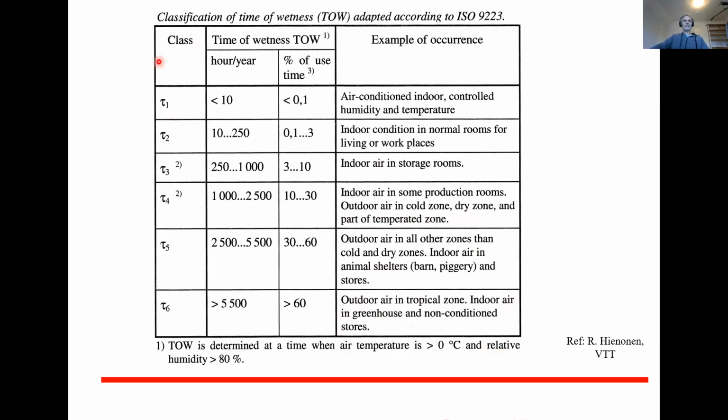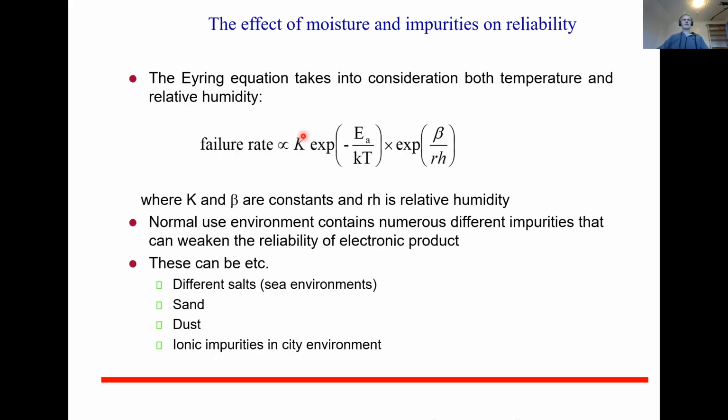So now we have some kind of a rough guess on which time of wetness category our use environment belongs to. And now you remember we already have had several of these models, and this is maybe the most commonly known model, which contains both the temperature as well as the humidity part. It's called the Eyring model.